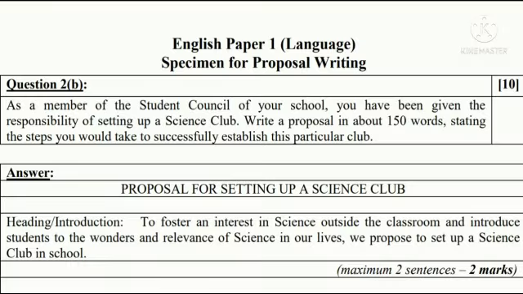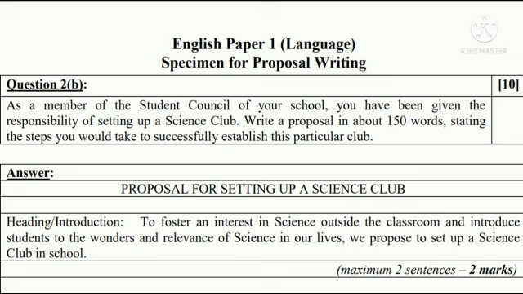Let us look at the model. See, this is the specimen for proposal writing given by your board. As a member of the student council of your school, you have been given the responsibility of setting up a science club. Write a proposal in about 150 words stating the steps you would take to successfully establish this particular club.